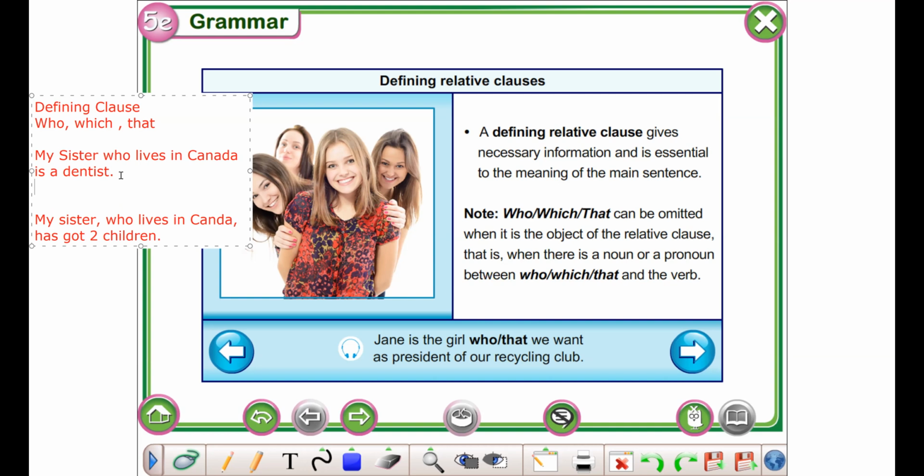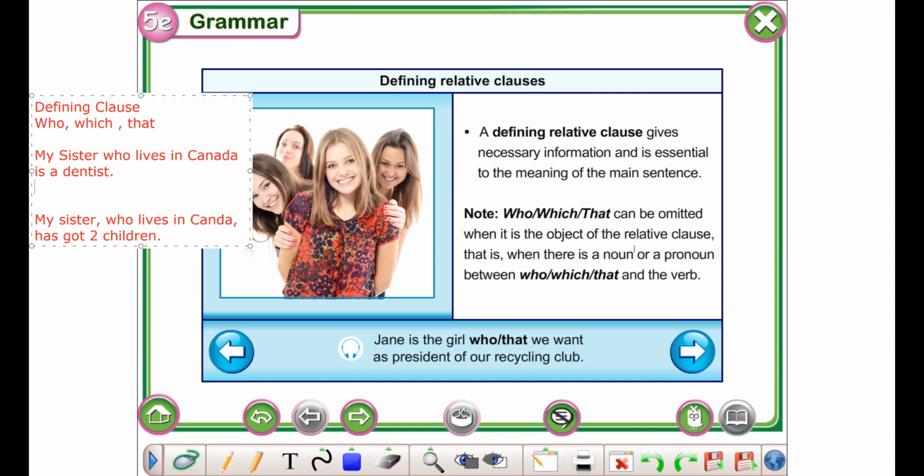Actually, which of the two of my sisters works as a dentist. So, in other words, we can summarize that a defining relative clause gives necessary information and is essential to the meaning of the main sentence.